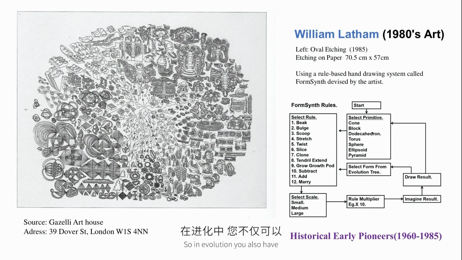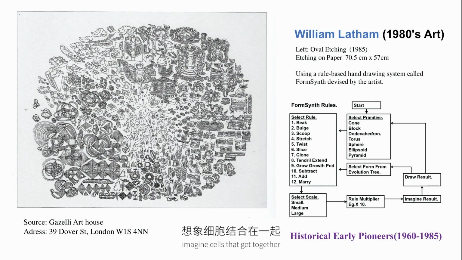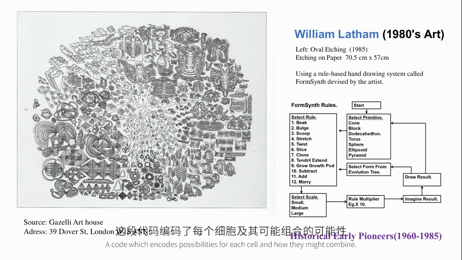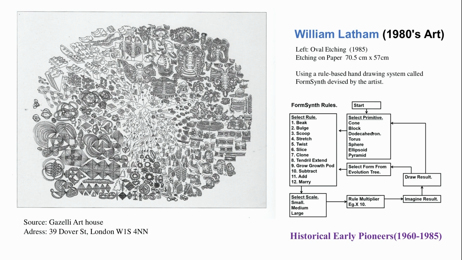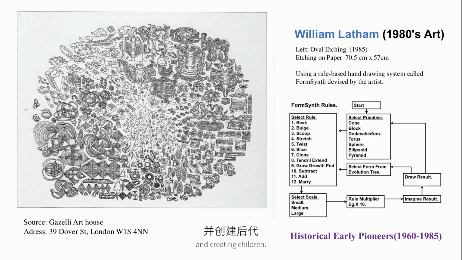So in evolution, you also have not only the possibility of putting different complex shapes together. Imagine cells that get together and create more and more complicated forms. But you have ideas of a code, the DNA that we have in each of our cells, a code which encodes possibilities for each cell and how they might combine. But DNA can also be modified. It can be modified by having parents joining their code and creating children.